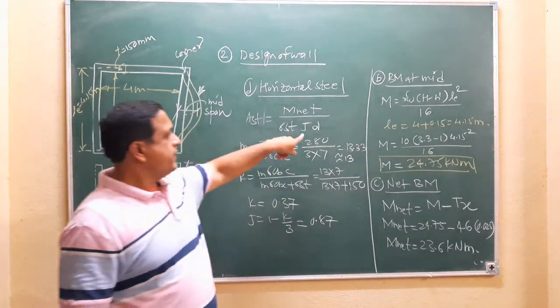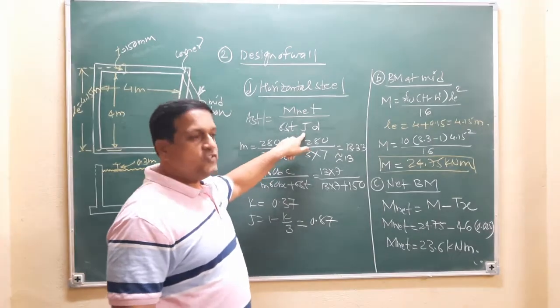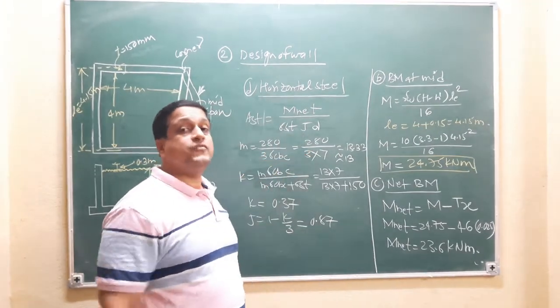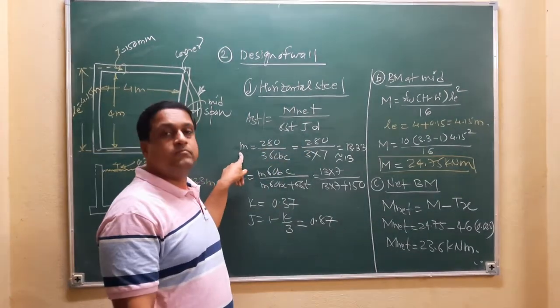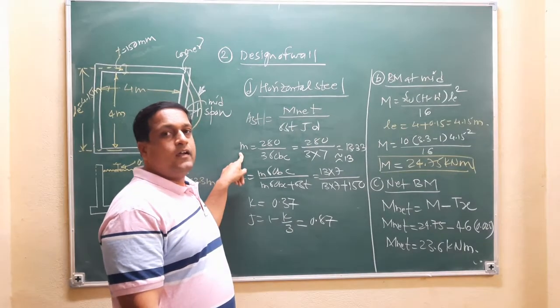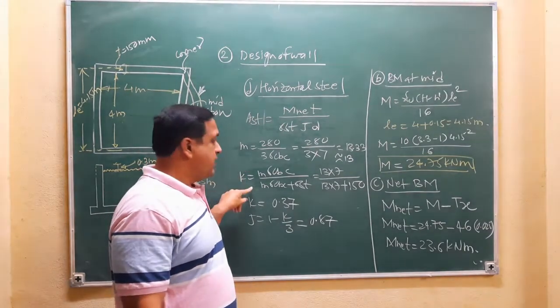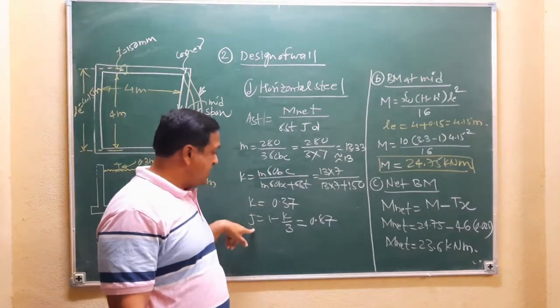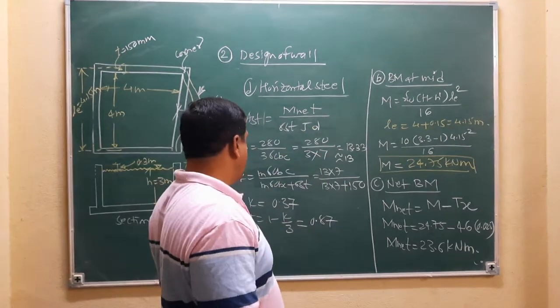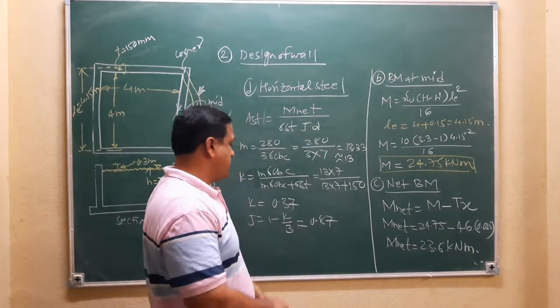You cannot find out the J directly. For calculation of J, first you need the M. Find out M, then find out K, then J, and then put this J in this formula.